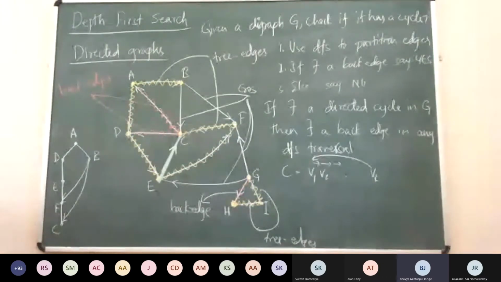Can you be a bit loud? Sir, after the traversal, I'll remove all the back edges from the graph. Now there is already a path from U to V. When I put any one back edge in the graph, I'll get a cycle. But we are trying to prove that there exists a back edge.